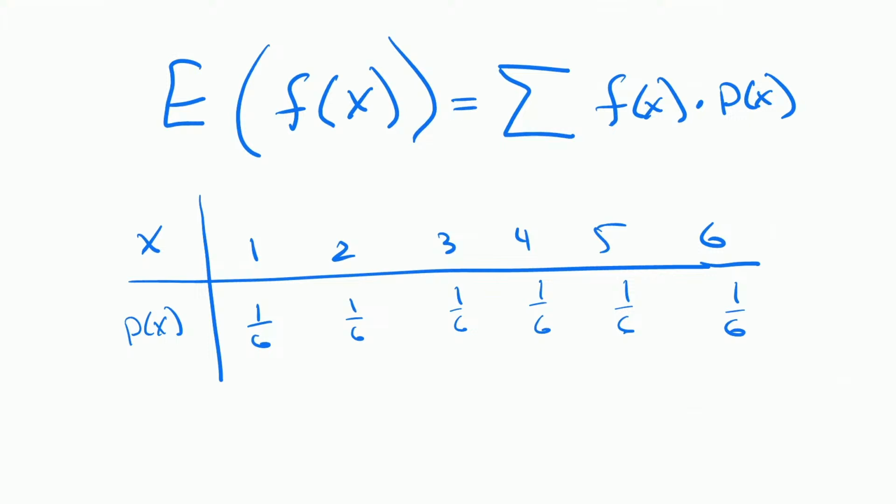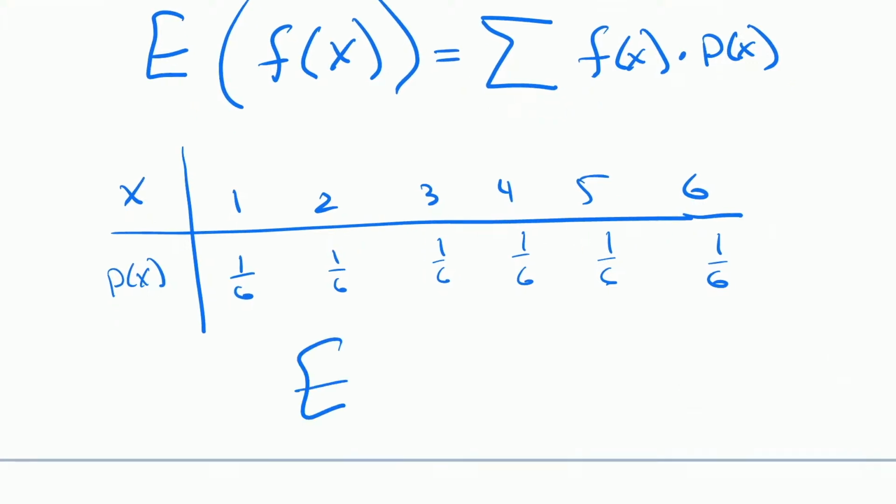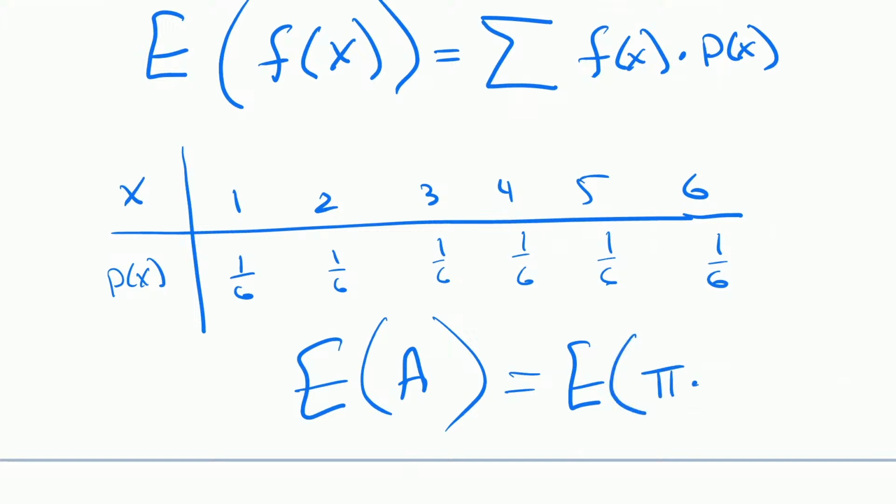So if I did this, one question you might have is, the area of the circle that I get is a random variable of sorts. It's related to this random variable, but it's random, and I could ask myself, what is the expected value for the area of the circle? And the expected value for the area of that circle is going to be the expected value of pi times x squared, where x is this number here.